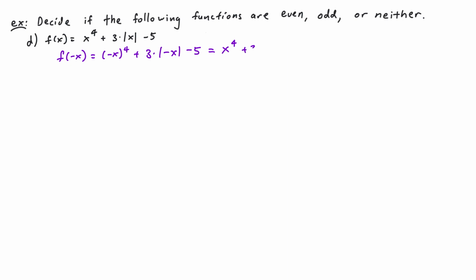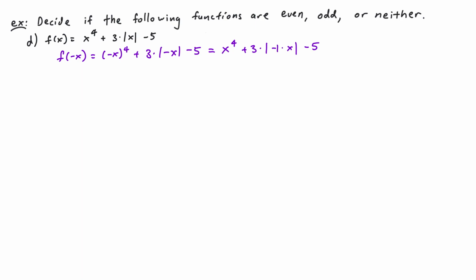Next, we have 3 times absolute value of negative x. What we're going to do is think about this as absolute value of negative 1 times x. And then we subtract 5 at the end. Now, if we have an absolute value of a product of things, it's the same as taking the absolute value of the first factor times absolute value of the second factor.